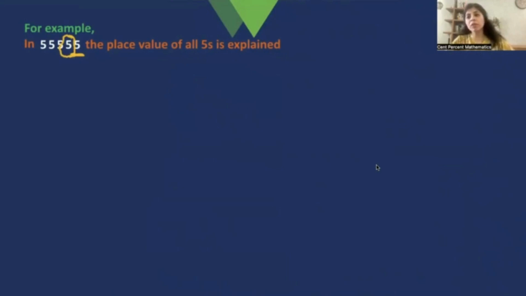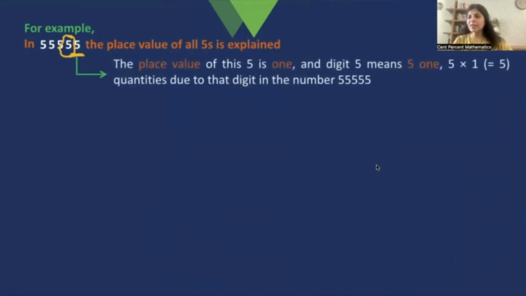Whereas when I talk about the place value of the first position, 5 is 5 ones. The first position has the value ones. When I talk about the place value of a digit, it is where it is placed. So it is placed at the first position, so the place value of this 5 would be 5 ones.